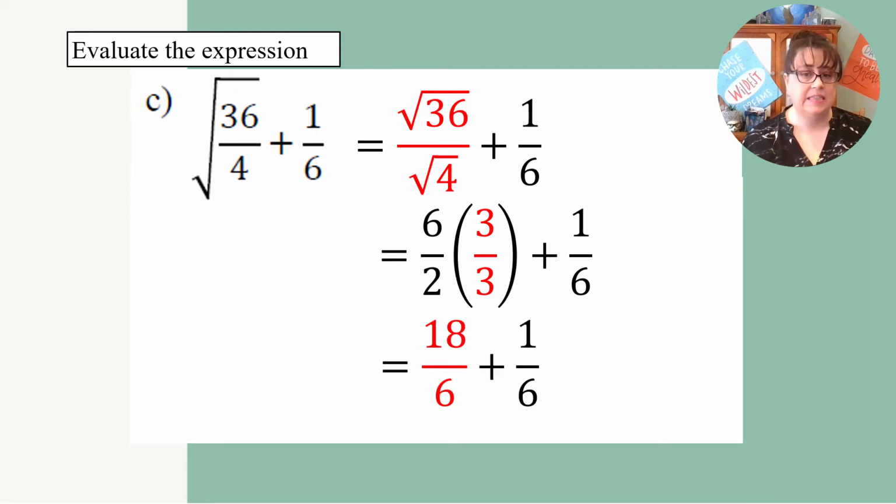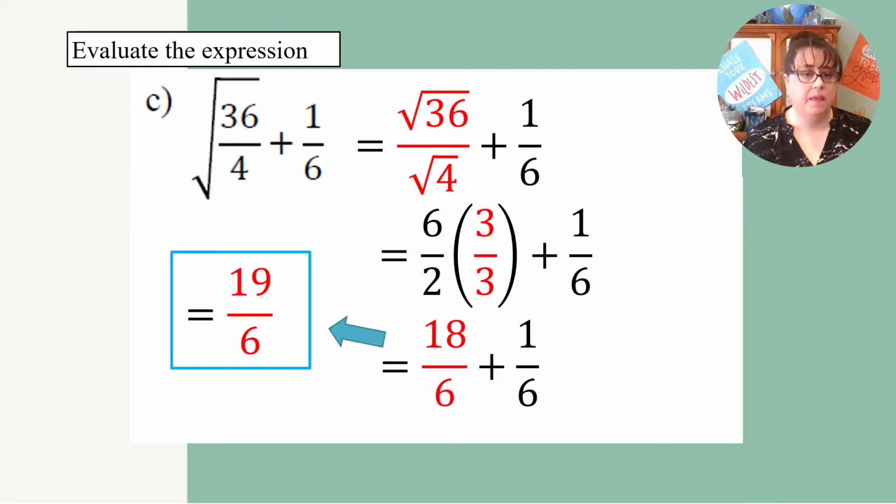So 18/6 plus 1/6 is 19/6, and I'm going to leave it at 19/6. I'm not going to make it into a mixed number because we don't need to. It's perfectly understandable. If it was, say, 18/6, I would have to make that 3. I would have to completely finish simplifying it.